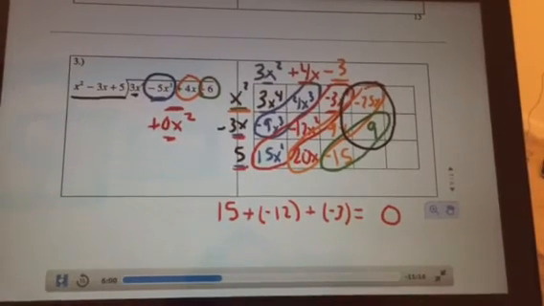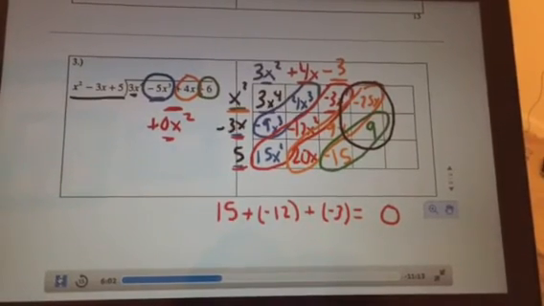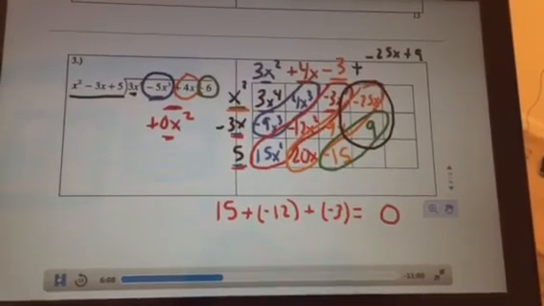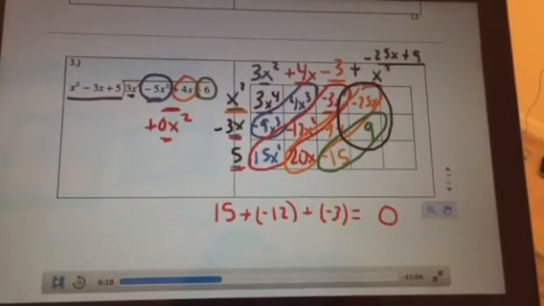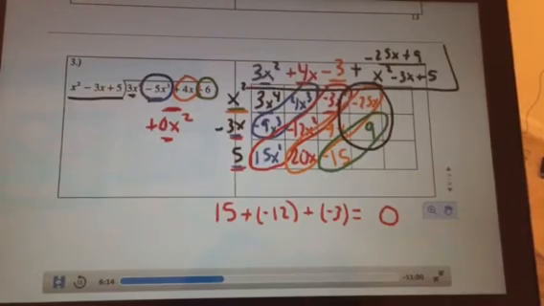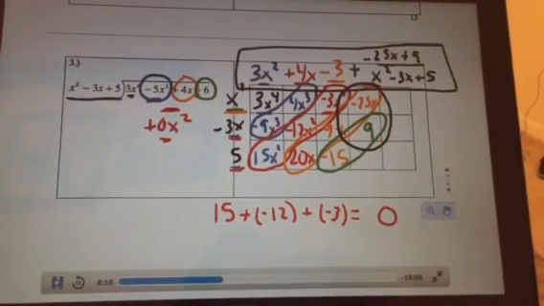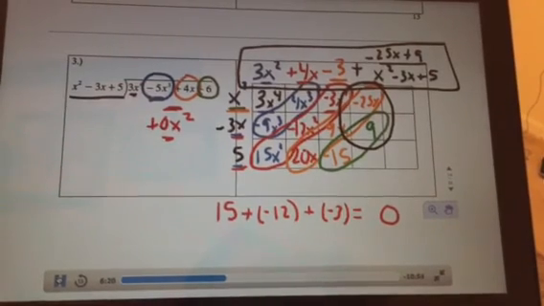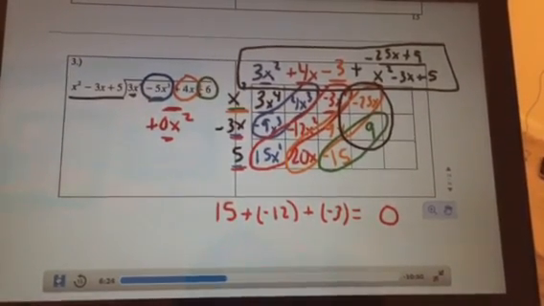Okay, so our remainder is this final column, negative 25x plus 9, so I bring that up top, plus negative 25x plus 9 over x squared minus 3x plus 5. So there's the solution. And if you go back and check, it's the same one we received when we solved this problem via polynomial long division.